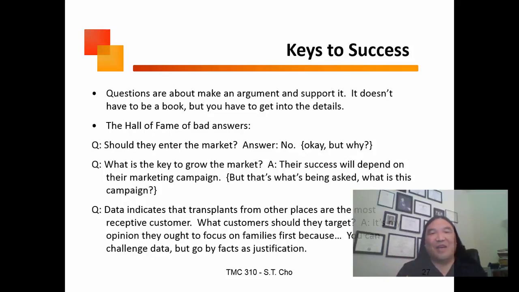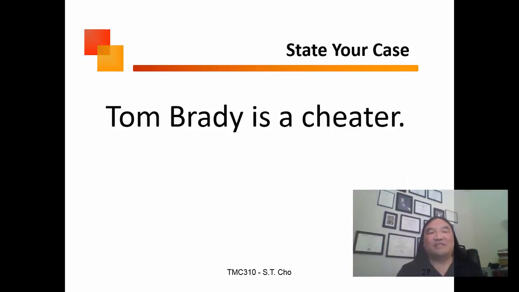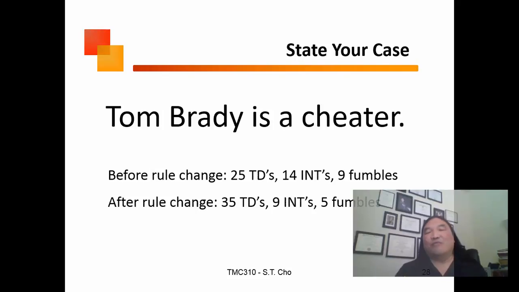But anyway, I expect you to use rigor in answering your questions. For example, here is my argument. Tom Brady is a cheater. And my argument is that before the rule changed for what team can handle the balls, and a lot of you probably know the story of Tom Brady and the deflated footballs, and he was called a cheater.